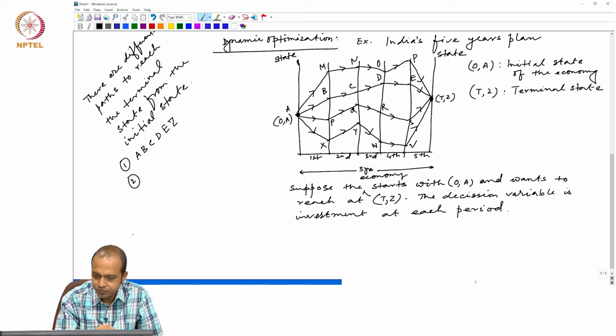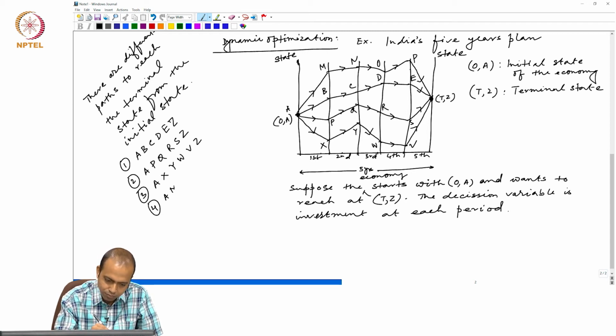The second path is A, P, Q, R, S and Z. Then the third is A, X, Y, W, V and Z, and path 4 is A, M, N, O, P and Z. These are different paths.